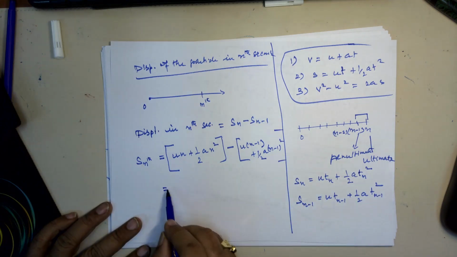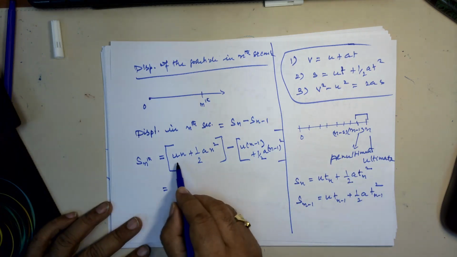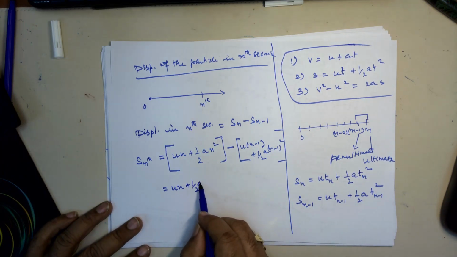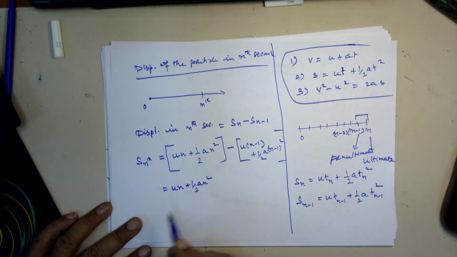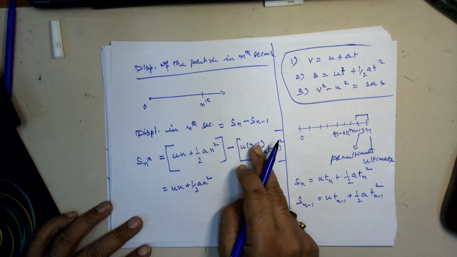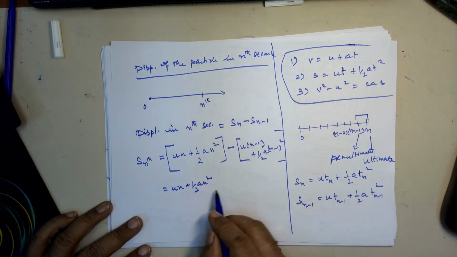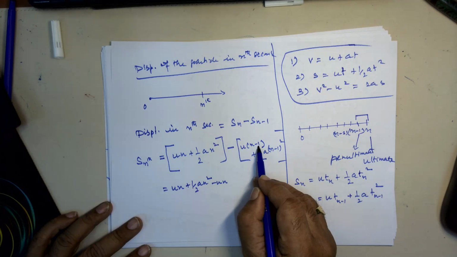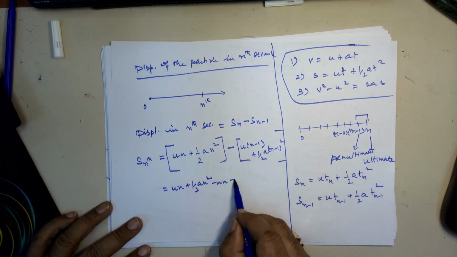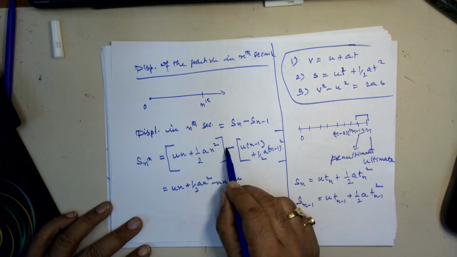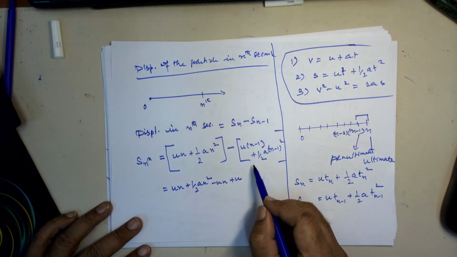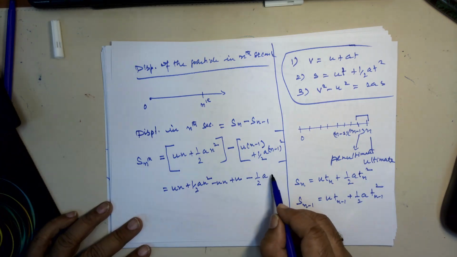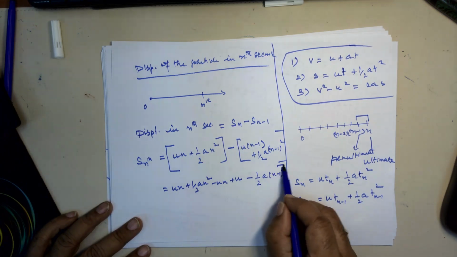Therefore, now you have un and half an squared, and then you can multiply: minus u into n minus 1, that is un minus un plus u, and minus 1 by 2 a into n minus 1 the whole square. Okay.